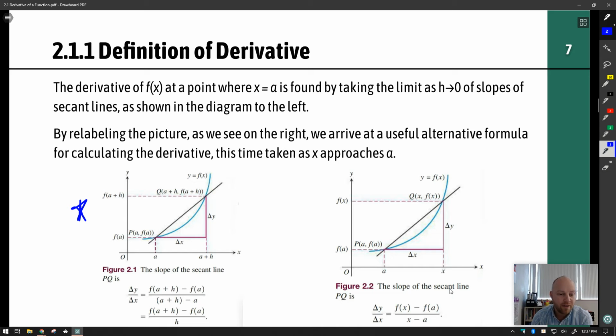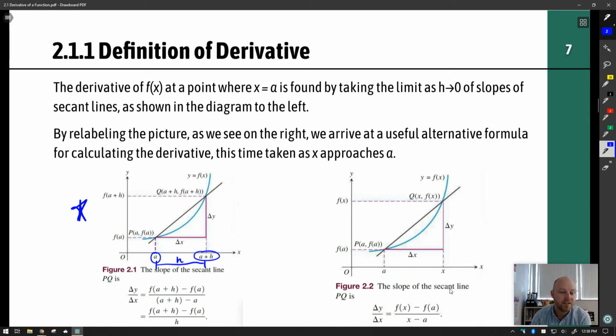So let's talk about the labels. When we've drawn this graph before of some arbitrary function f, and we've labeled one point a, and then said we have some space between that point and the next one, and that space is h, which means that the following point is a plus h.